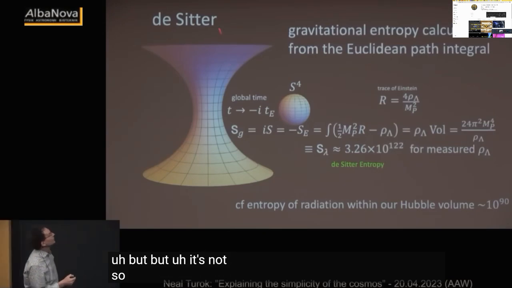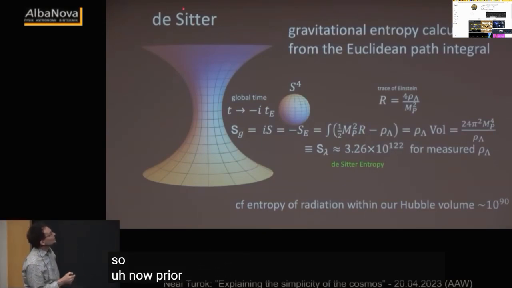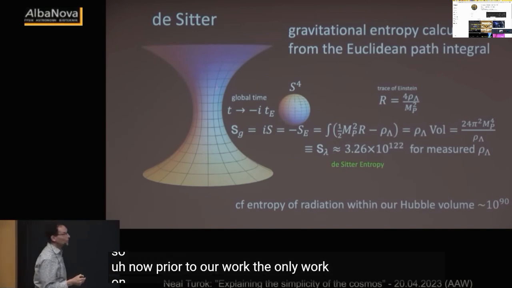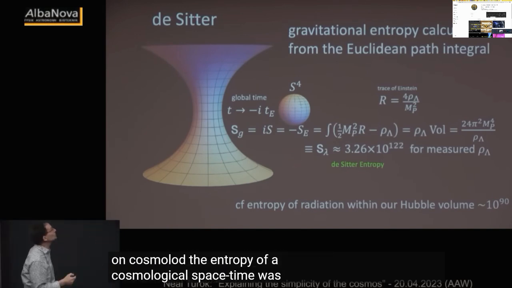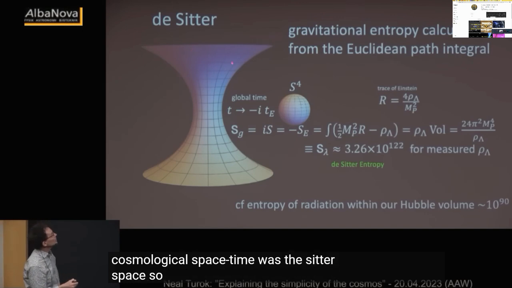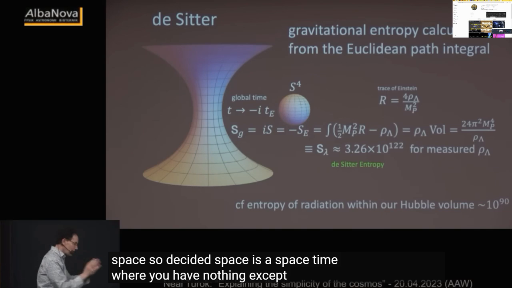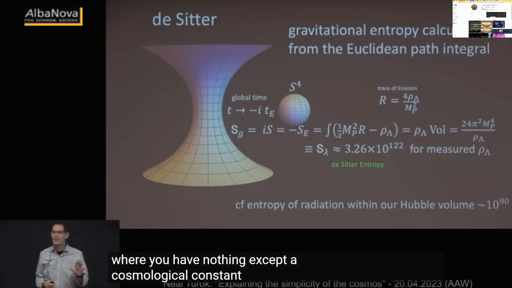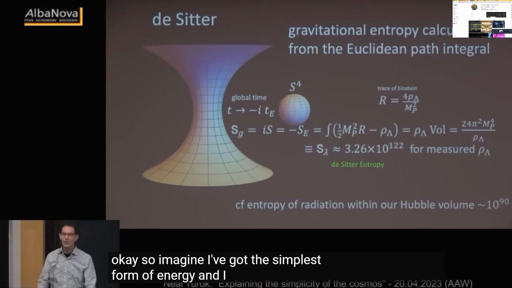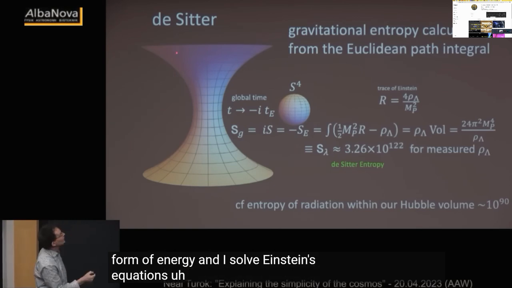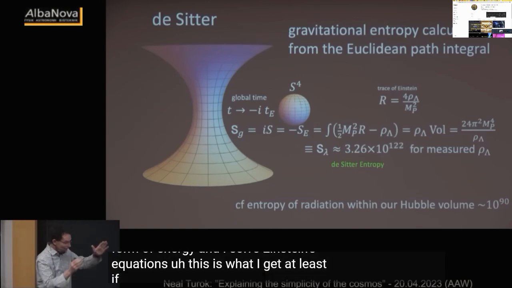Now, prior to our work, the only work on the entropy of a cosmological space-time was de Sitter space. So de Sitter space is a space-time where you have nothing except a cosmological constant. Imagine I've got the simplest form of energy, and I solve Einstein's equations. This is what I get, at least if that energy is positive.